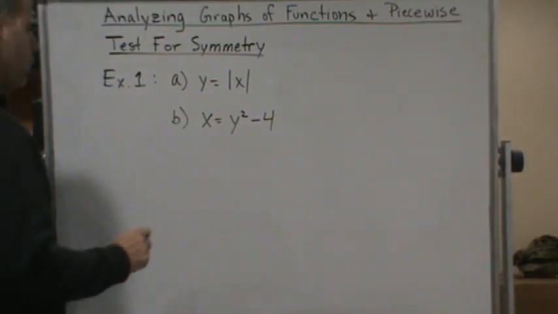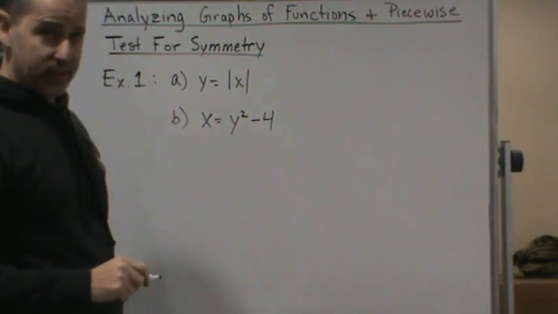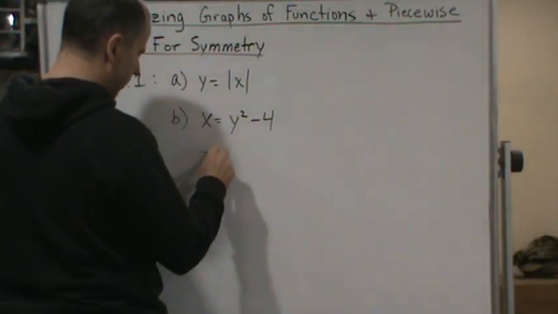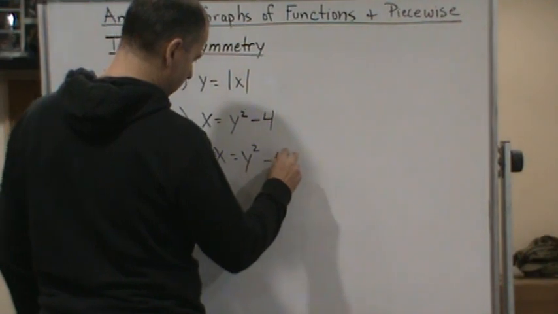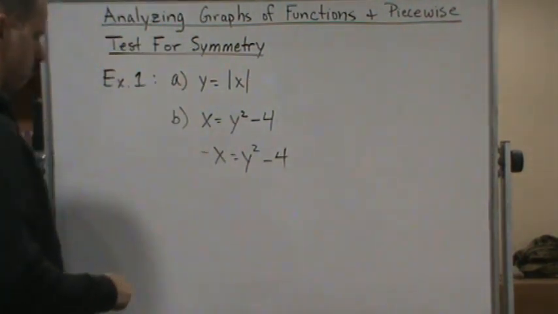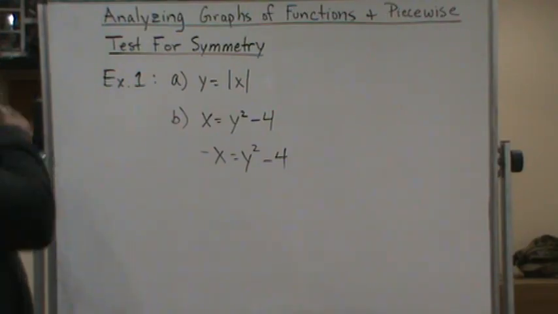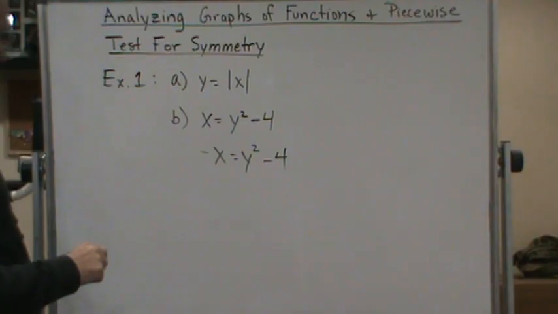Okay, so now let's replace x with negative x. So let's write this as negative x equals y squared minus 4. Well, there's no way to simplify that where we're going to get the same equation back.